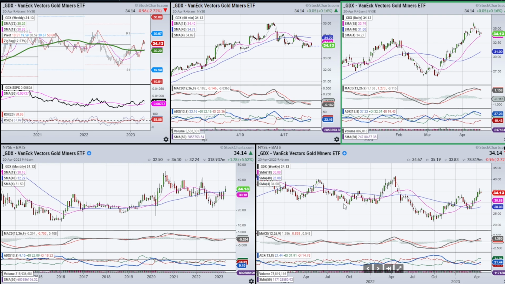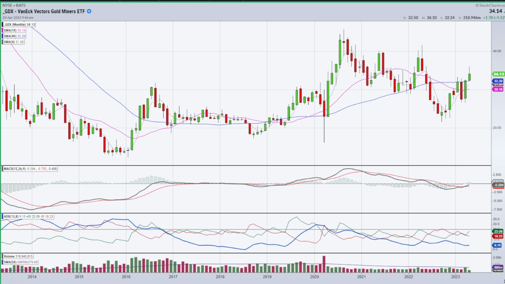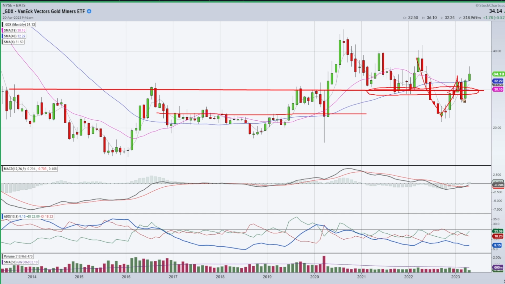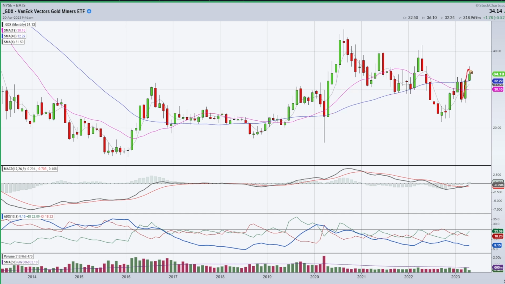Very intriguing pattern here, and let's start with the monthly chart, because we came back to this really key level here. We broke it and then found support at the next key level and got a really strong move. We got back through that level and have kind of wiggled around it, but we're back above.